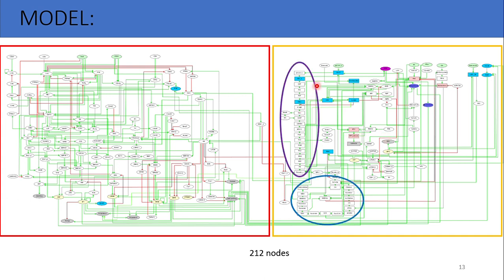The model contains complete metabolic pathways like glycolysis and the tricarboxylic acid cycle. The model also contains pathways that connect the activation and the metabolism, like the PI3K AKT mTOR pathway that is activated by TCR and CD28 signaling.